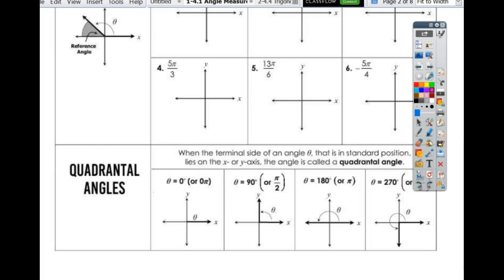If I go another 90, it's 180 or pi. If I go another one, it's 270 or 3 pi over 2. And one more, it's 2 pi or 360. Okay? So the quadrantals are the 90 degrees, where the x and the y cross. It's a fancy name for where the x and y cross on the 90s. Okay? So look, we've done this, this, and this. We have these two left to do.